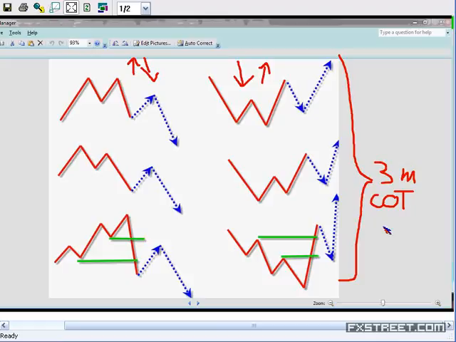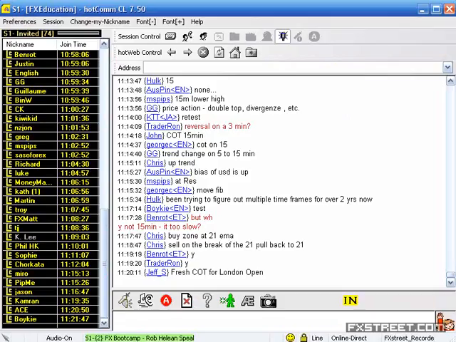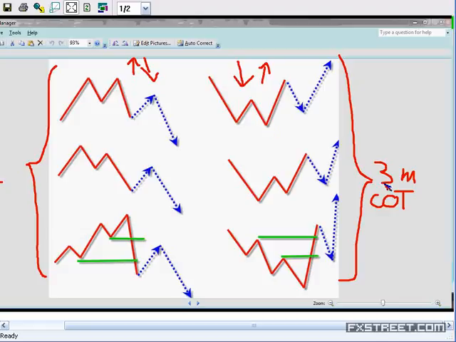On the short side, on that 15-minute change of trend, we're looking for one of these. Okay, so that's examples of using price action for confirmation. The long I showed you, waiting for the same pattern but using a 3-minute change of trend. The short on that Aussie using a 15-minute change of trend.